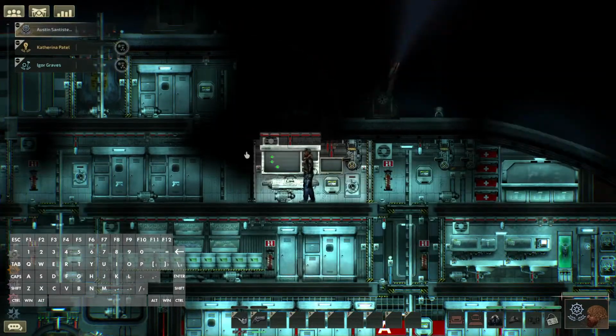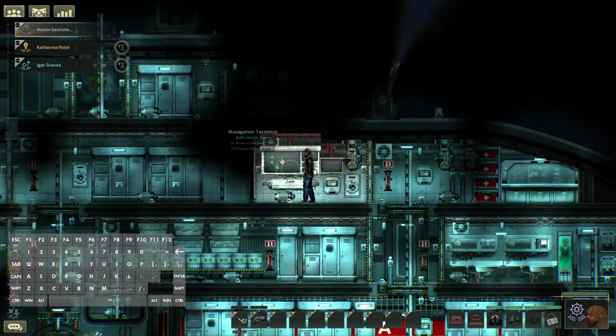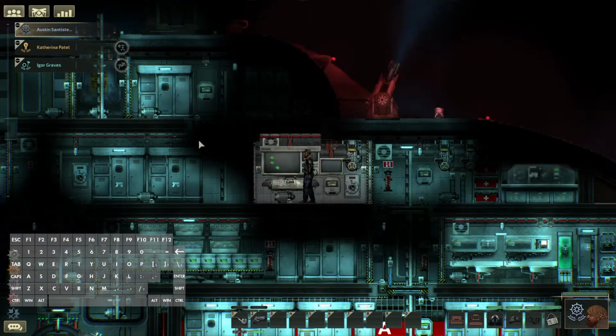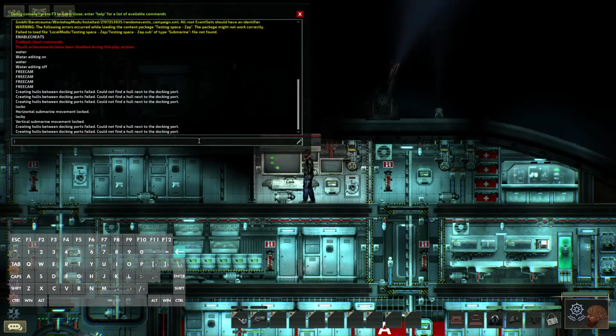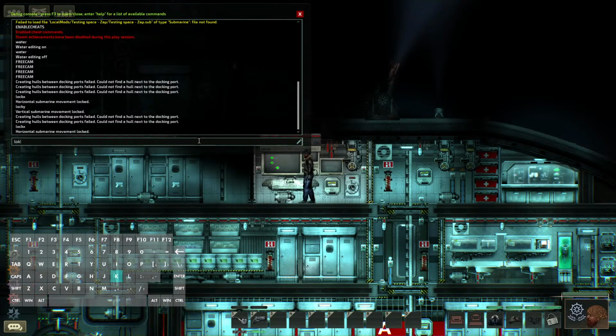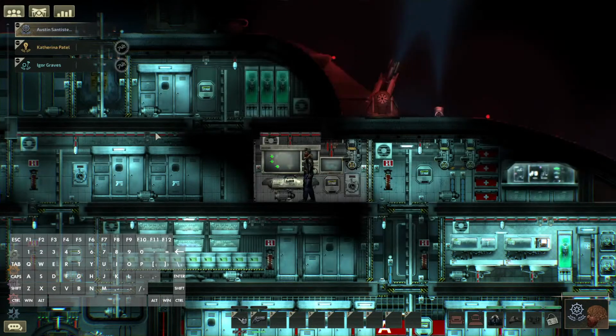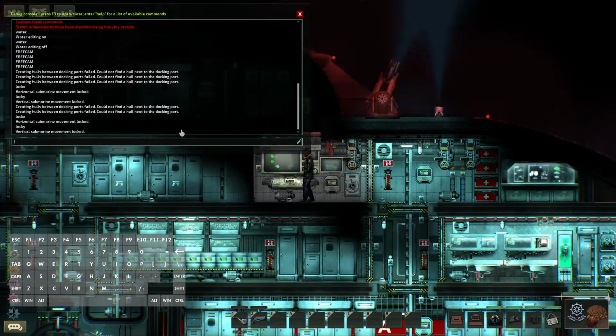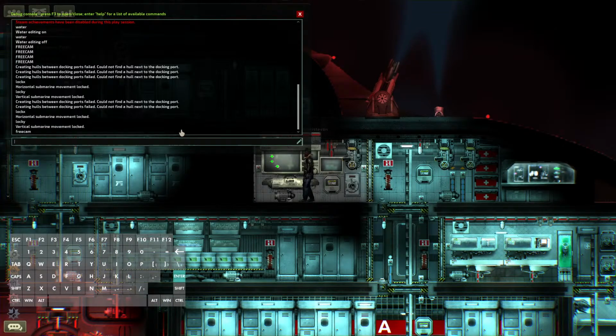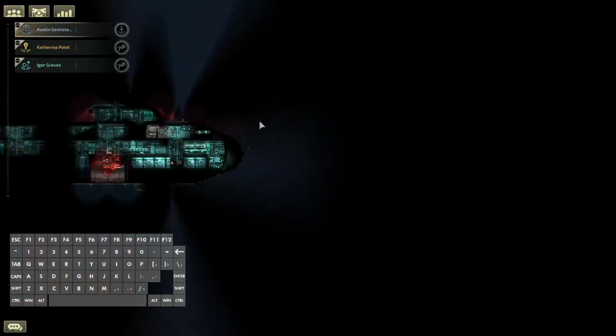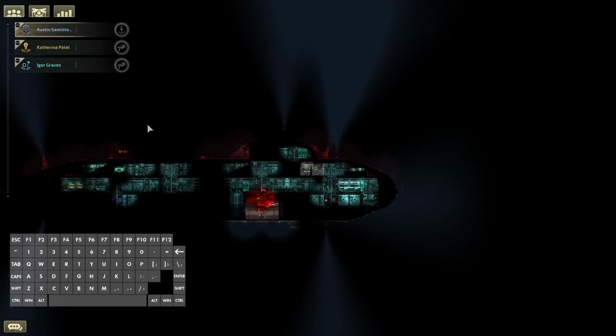All right, we have some green lights. Let's lock the X. Lock the Y, so we don't have to worry about our sub going anywhere. Now, turn on free cam. This makes us able to move about freely.